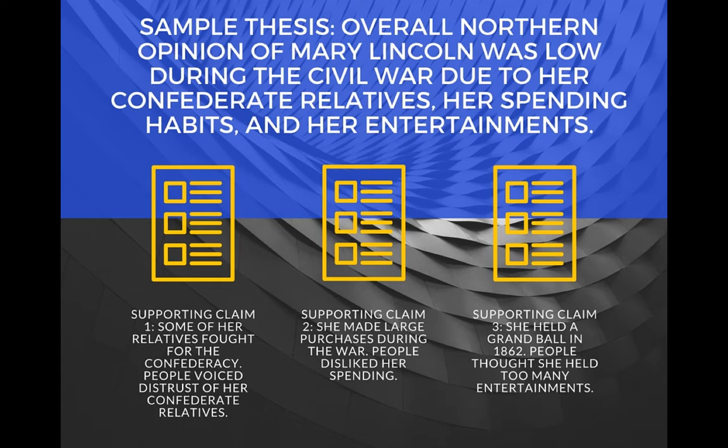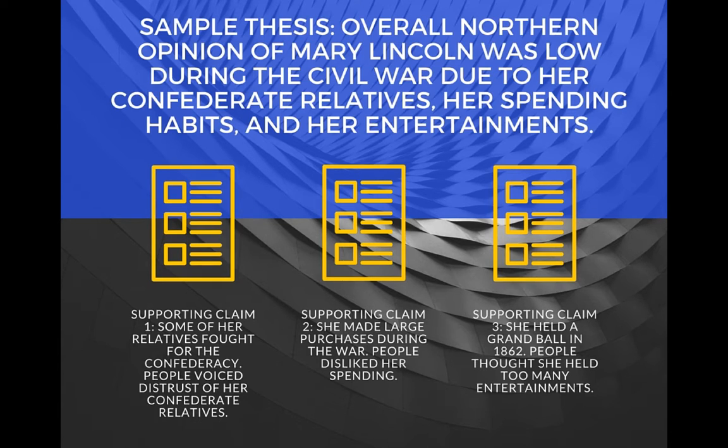Now, to write my second claim, that Mary Lincoln made large purchases during the war and that people disliked her spending habits, I might use the words within that newspaper article to give a real-time account of how someone reacted to her spending. I might also pull from a secondary source that was given to me, which was a biography of Mary Lincoln by a lady named Jean Baker.